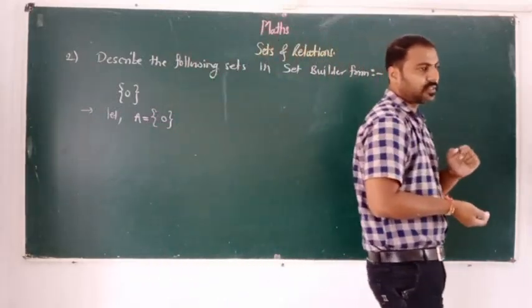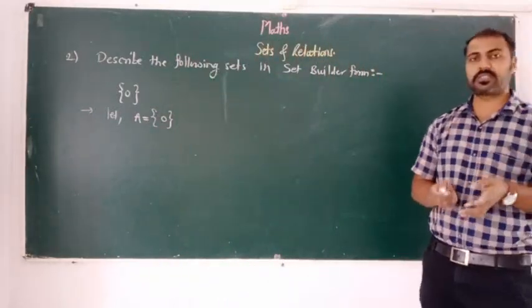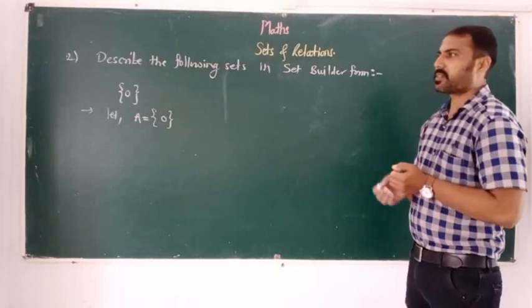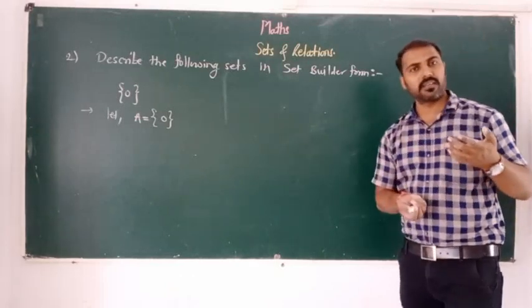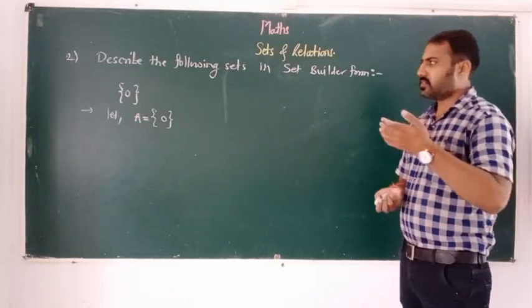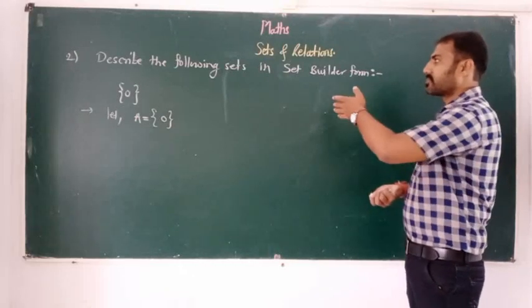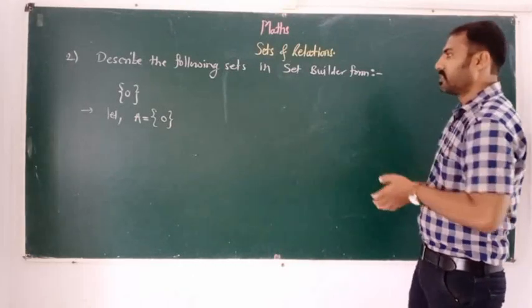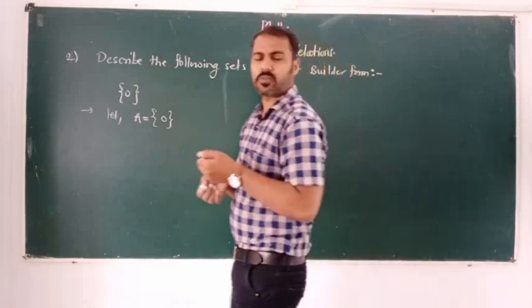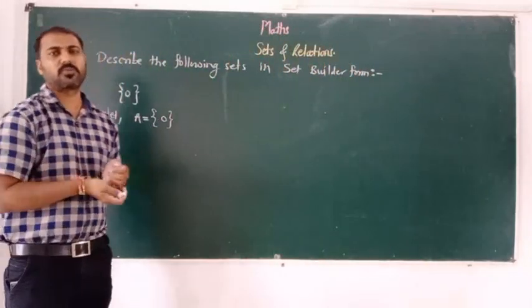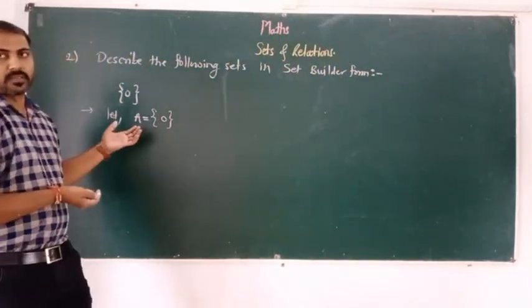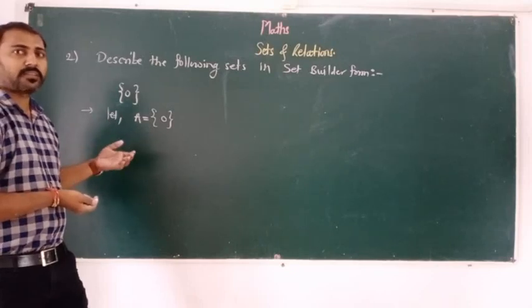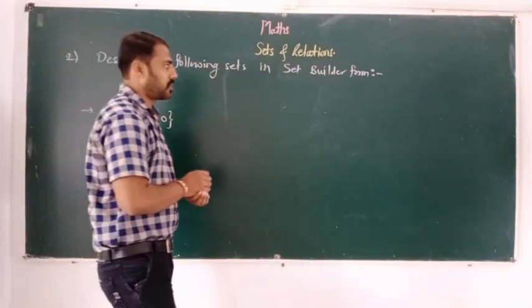Look here. The only number is 0. In the formula method, we write a set in more than one or two formulas.